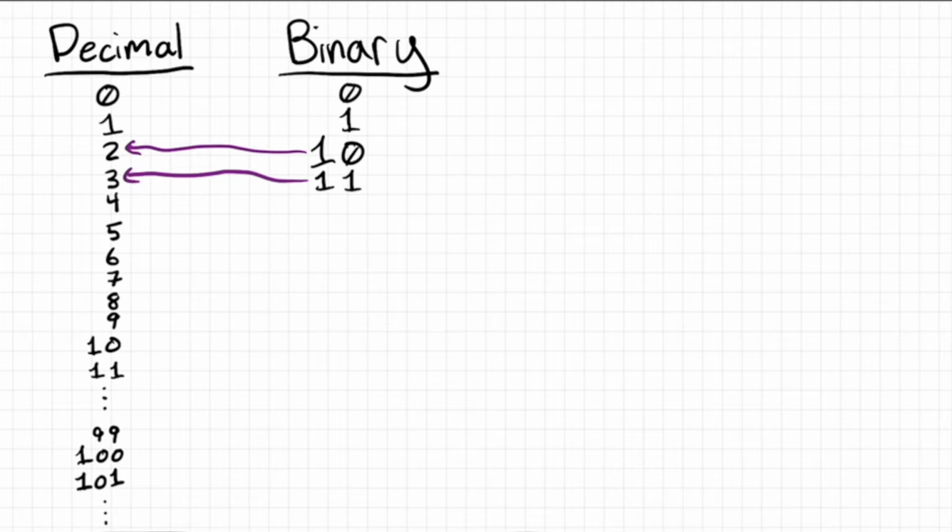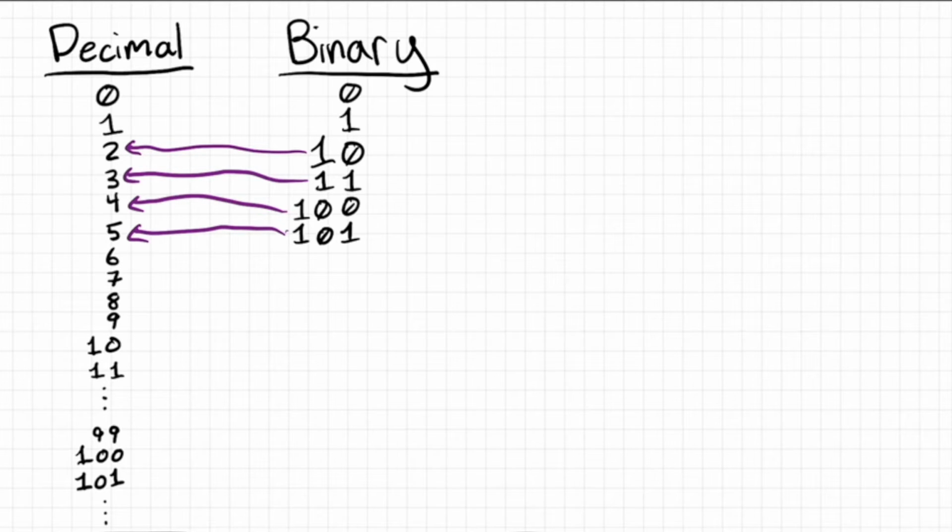But now, again, I've run out of digits to use. I've used up ones in both these places. So I need to add another place and then reset both of the places to the right, and that would represent the number 4. Then I'm going to start incrementing from the first place again, representing the digit 5.